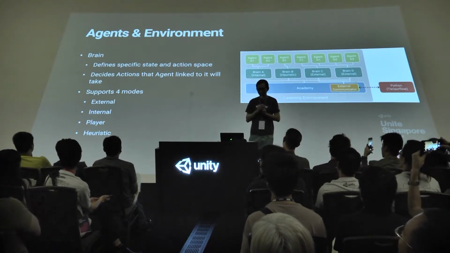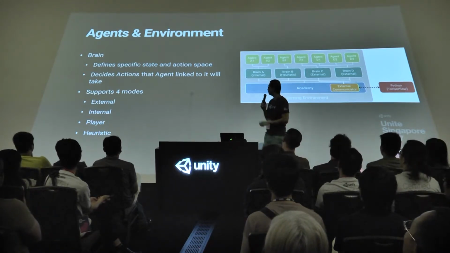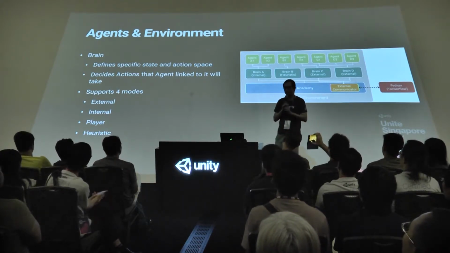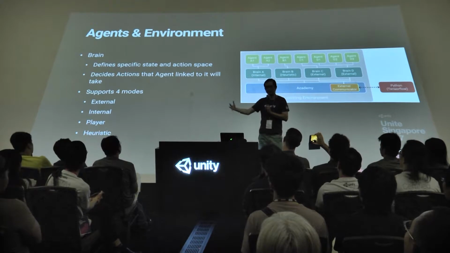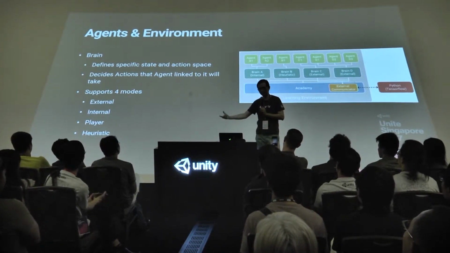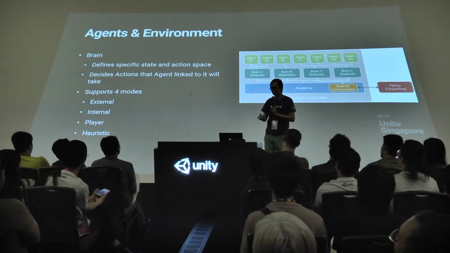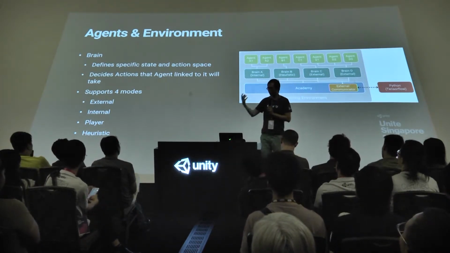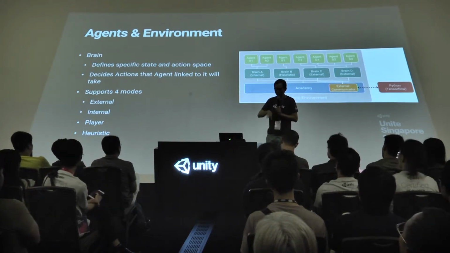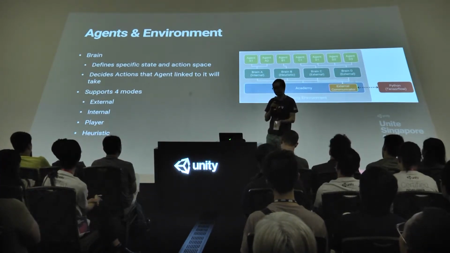So the brain currently supports 4 modes: external, internal, player, and heuristic. So external means the brain will let an external library decide on what's the best course of action to take. Internal will be you have a trained model that is imported or embedded into Unity, and then queries this model and decides what's the best action to take.